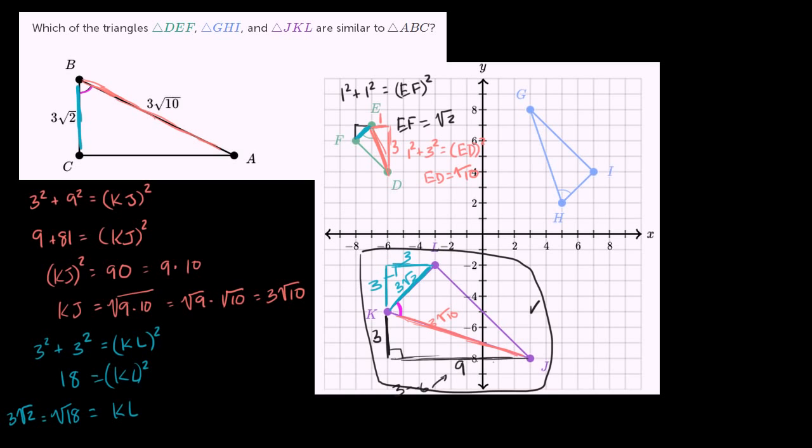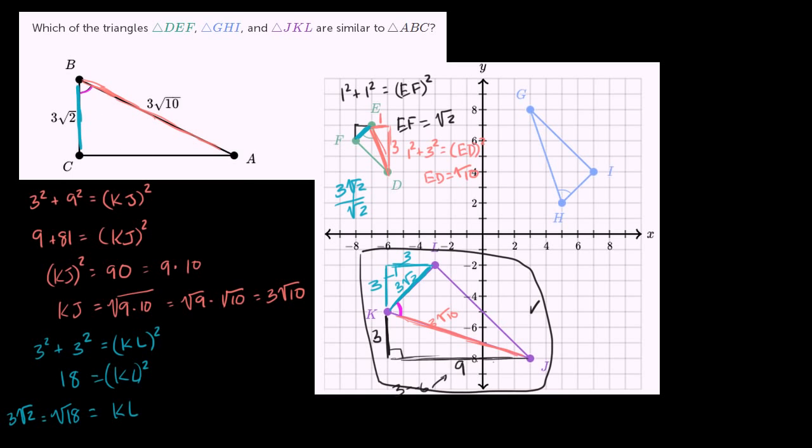Now, is the ratio between BC and EF the same as the ratio between BA and ED? So let's write this down. 3 square roots of 2 over square root of 2 is equal to 3. So the ratio between these two blue sides, between BC and EF, is 3.